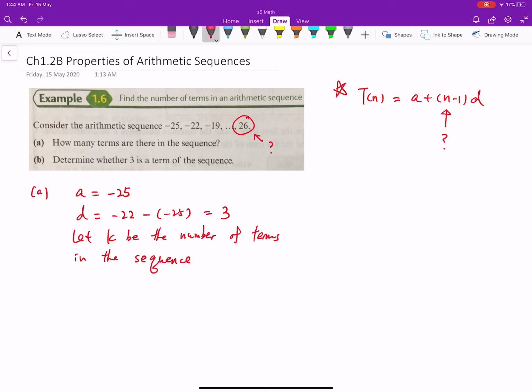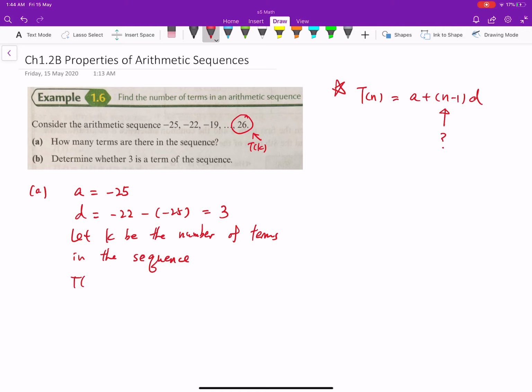So now if there are k terms, this one will be tk, right? Then we get tk is 26. And then we'll use the formula a plus (n minus 1)d. So now it's a plus (k minus 1)d equals 26.